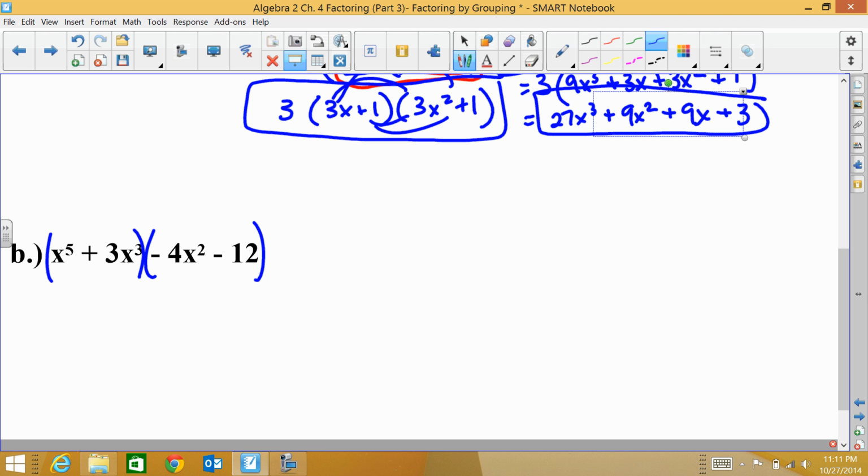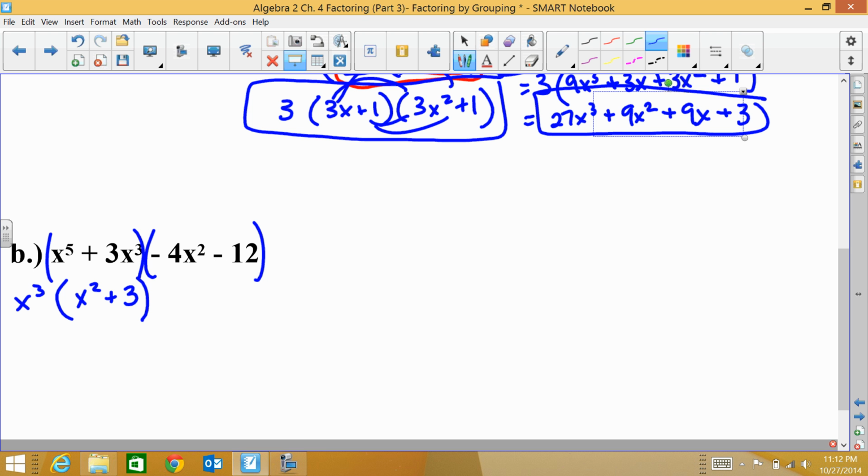Then I take out the greatest common factor from each group. So the greatest common factor of this first group, can't take out a number, but I can take out a variable. So x to the third is the biggest thing that can be taken out. And then I have left over x squared plus 3. For the second group, notice that both of these are negative.